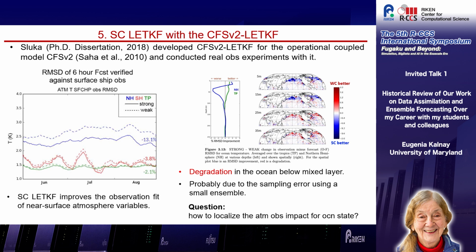Our real observation experiments with the CFS version 2 LETKF show similar results. Strongly coupled LETKF improves observation fit for near-surface atmosphere variables, but it degrades the fit under the ocean mixed layer. This degradation is probably due to the spurious error correlation estimated by small ensembles.